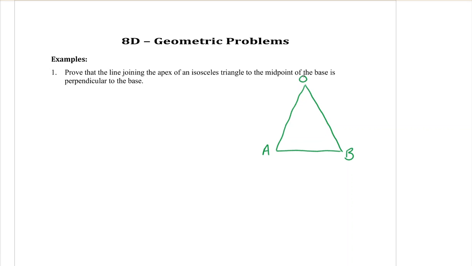Actually, let's start again. I'm not going to prove yet. I'm going to say let triangle OAB be isosceles with OA equal to OB. So these sides here are my ones that are going to be equal.